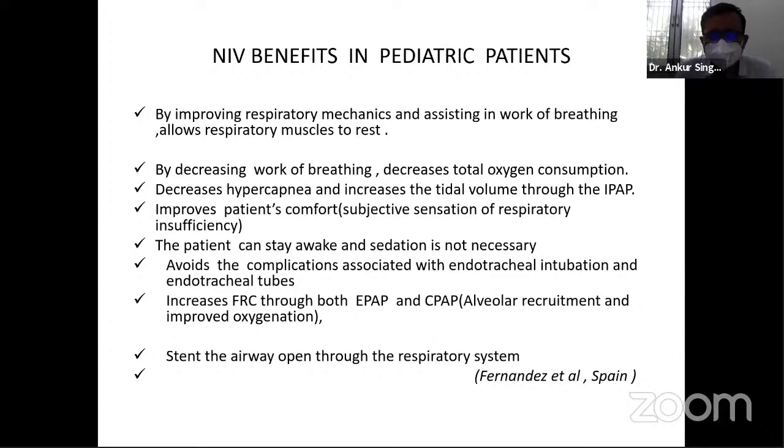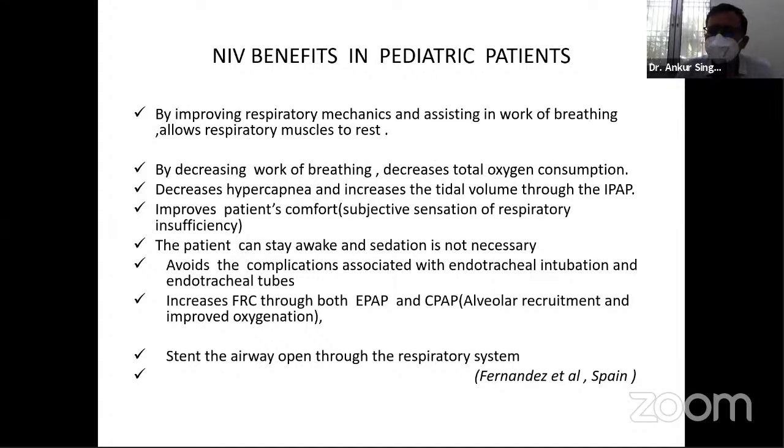How is NIV going to benefit? Whenever we put any child on NIV, it decreases the work of breathing and increases oxygenation. The child is conscious, oriented, and spontaneous breathing is present. We can also feed the child in between, and the child can interact with the parents.